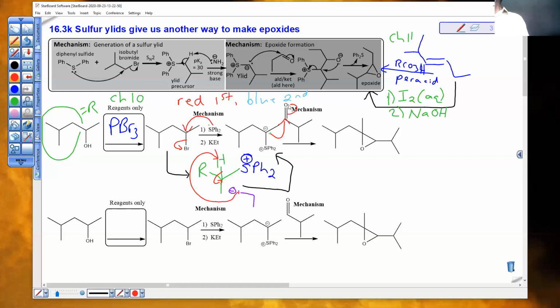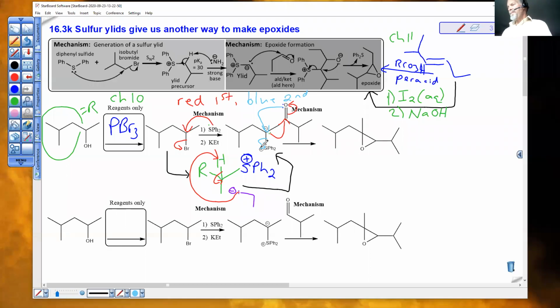Get lone pair on the O. Already had lone pairs on the O. They can now attack the carbon with the sulfur. Oh, looks like I went right to that green lone pair. There, a little better. Sulfur leaves, and you're done.